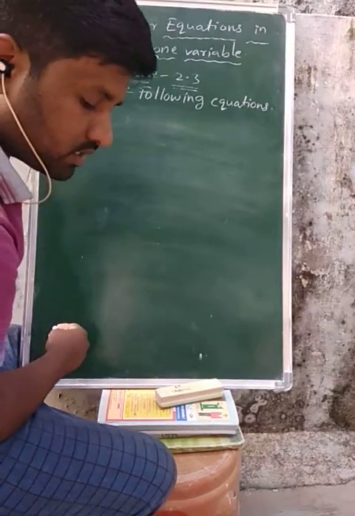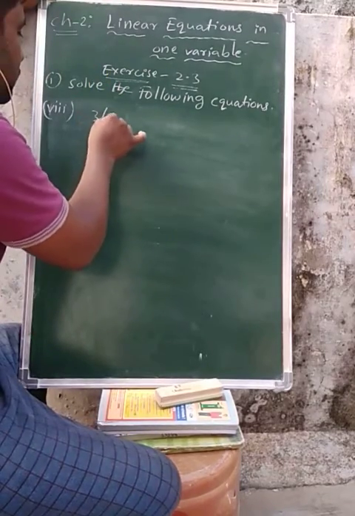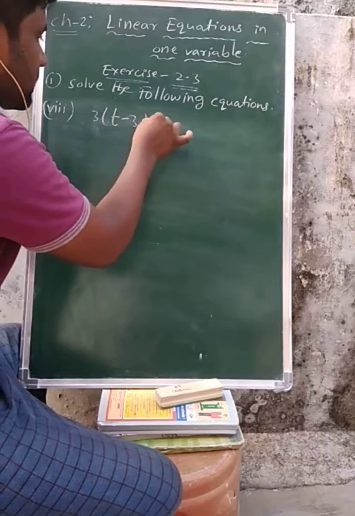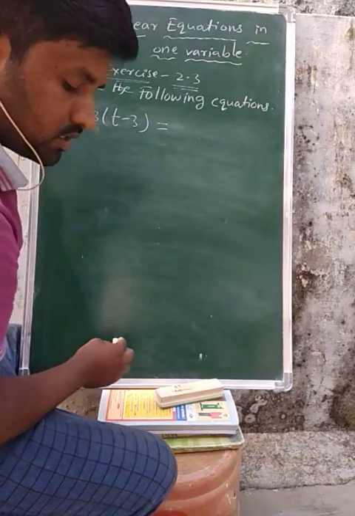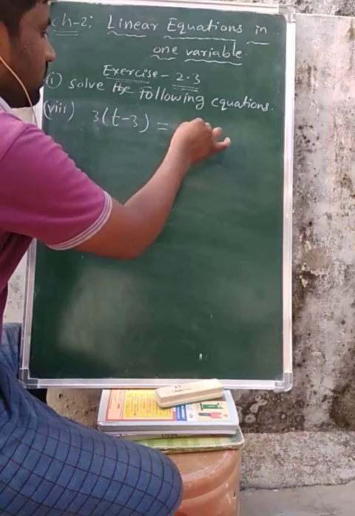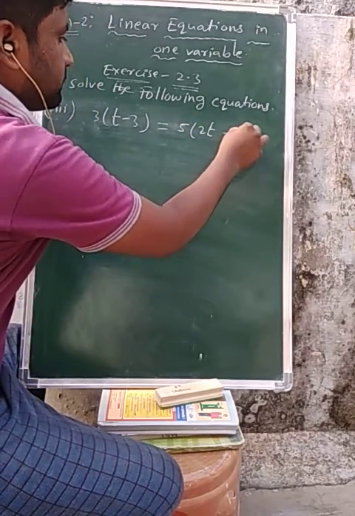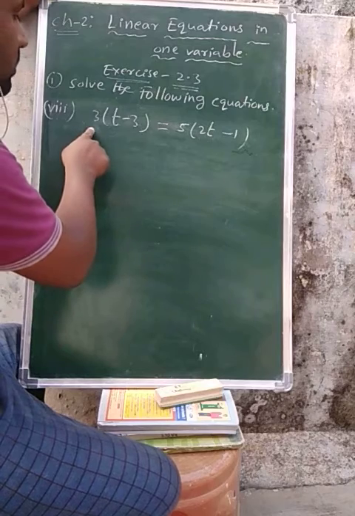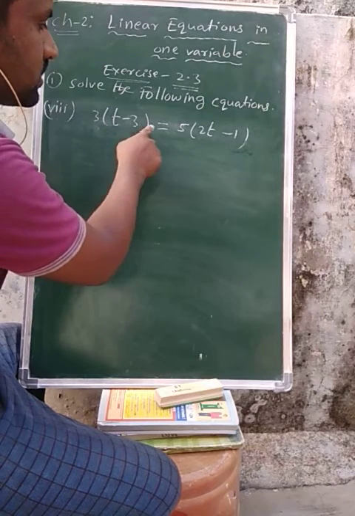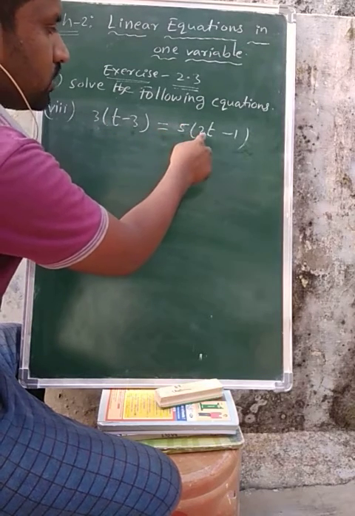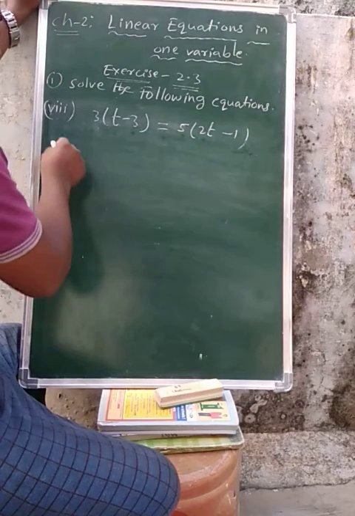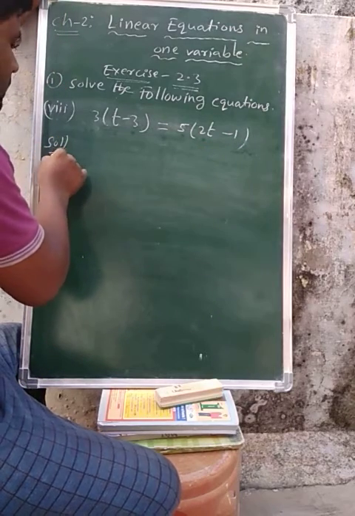The question is given: 3(t minus 3) is equal to 5(2t minus 1). Now see its solution.